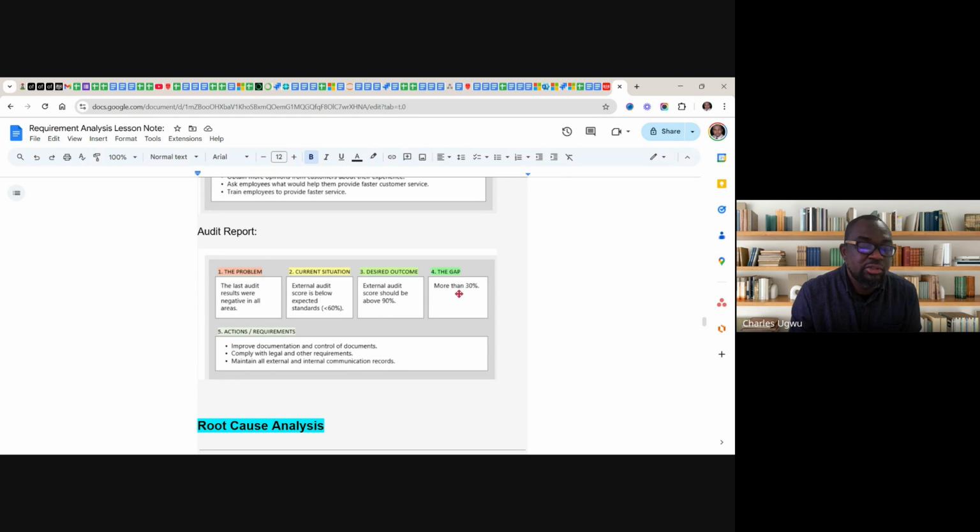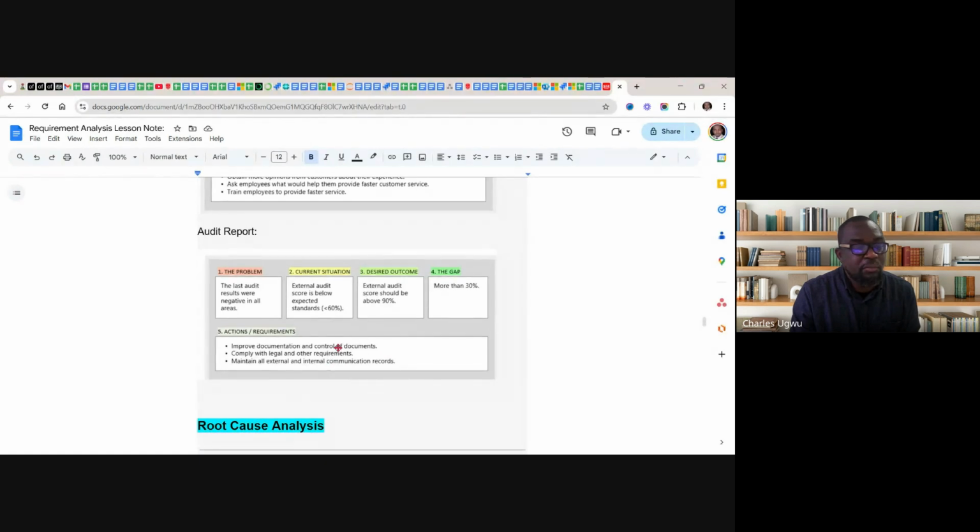How do you get it to where it's supposed to be? You can see likely actions here: improve documentation and control of documents, comply with legal and other requirements, maintain all external and internal communication records. And once these are done, maybe at the next external audit, where you scored low, you might need to automate some of this documentation and recording control.